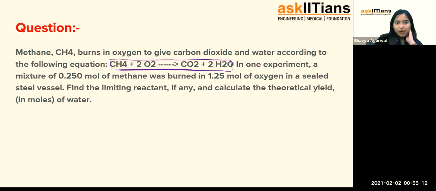In one experiment, 0.25 moles of methane was burned, because it's a combustion reaction. Any reaction with oxygen is combustion. Oxygen is a supporter of combustion. You must have done this in grade 8. It is burned in 1.25 moles of oxygen in a steel vessel. You have to find the limiting reagent, if there is any, and calculate the theoretical yield.